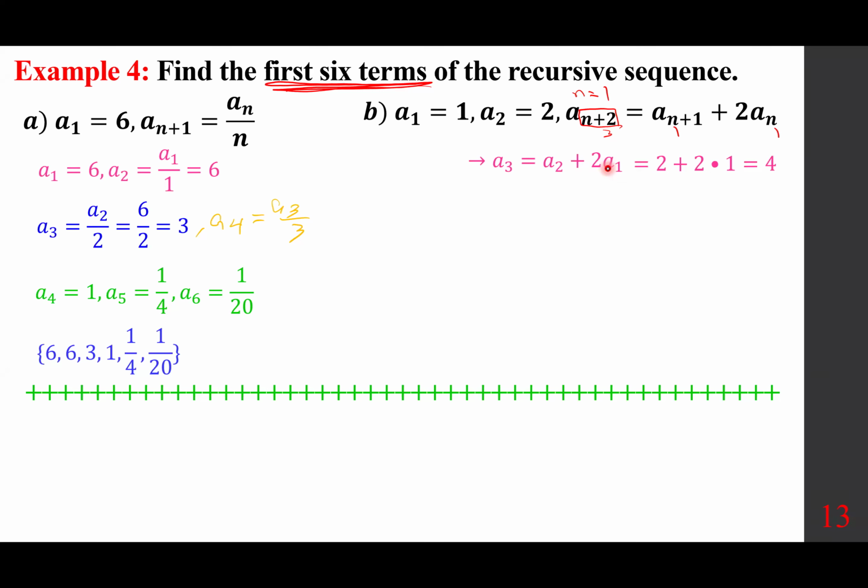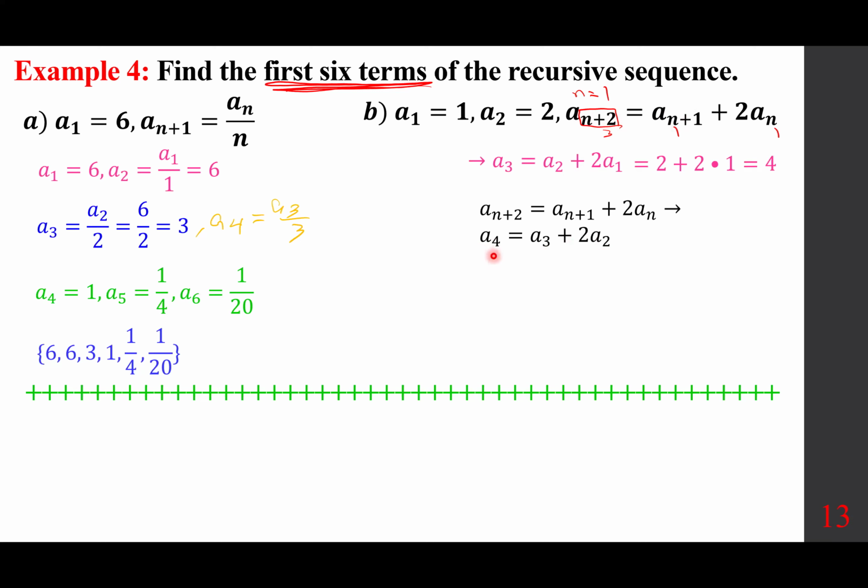Now the next one is 4. If I set this equal to 4 to give me a sub 4, then n must be 2. A sub 4 is a sub 3 plus 2a sub 2. So again, this one is 4, this one is 2 plus 1, 3.